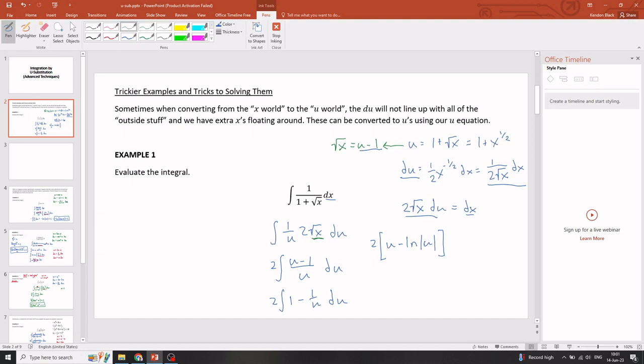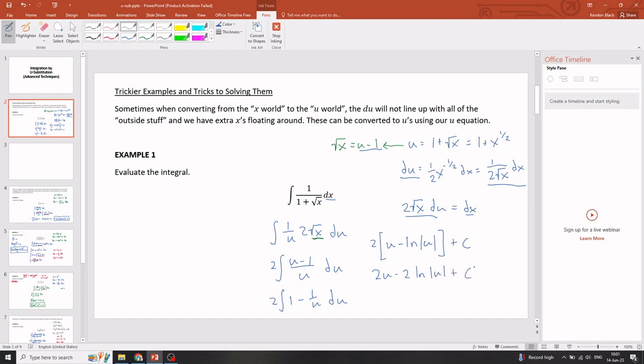And because this is an indefinite integral, we add plus c. Okay, now let's distribute the 2. So we're going to have 2u minus 2 ln absolute value of u plus c.